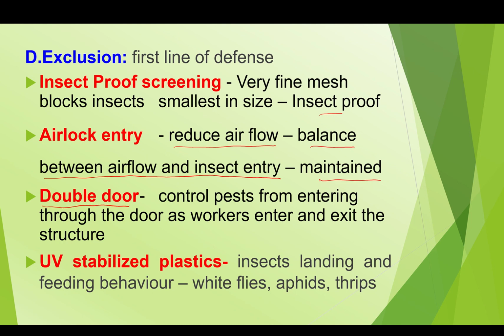Generally you have seen that while entering any greenhouse we have two doors, and that is known as a double door. Its main purpose is to control the pests from entering through the doors as workers enter and exit the structure. UV-stabilized plastic should also be used. It affects the insects' landing and feeding behavior, like whiteflies, aphids, thrips.